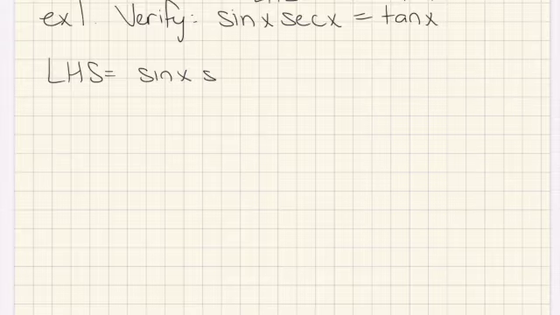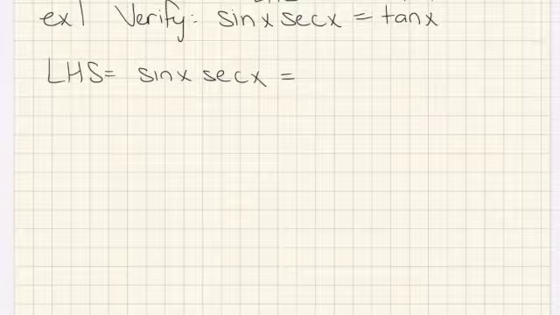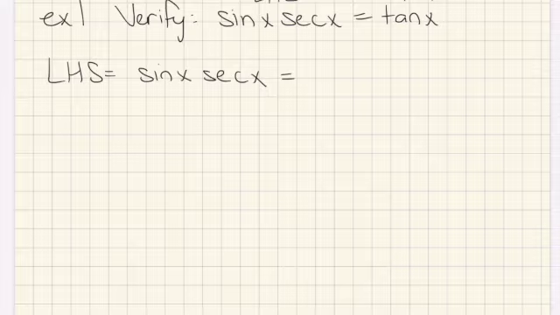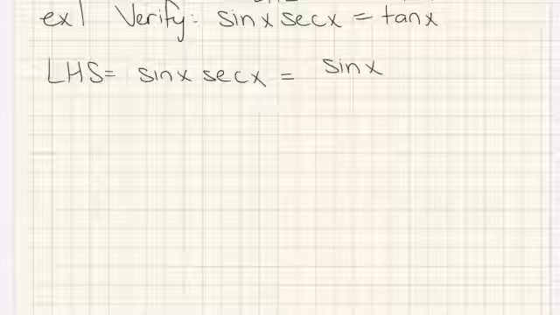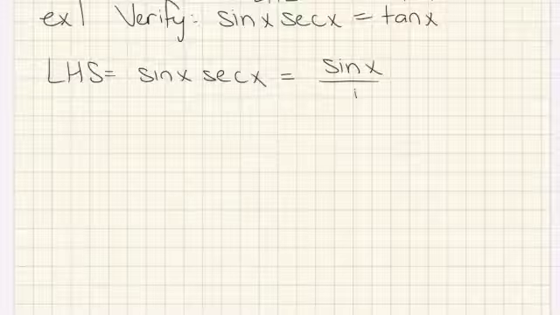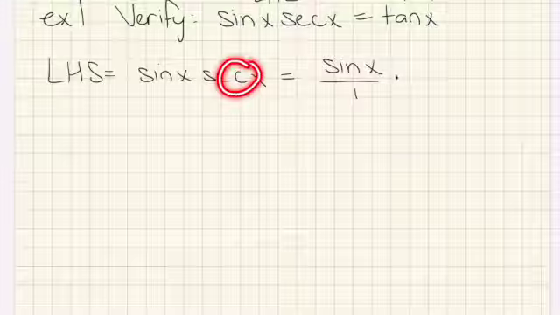So focusing on the left-hand side, we have sine of x times secant x. And sine of x can't be simplified any further, so we will just rewrite it in its own fraction because there's no denominator.